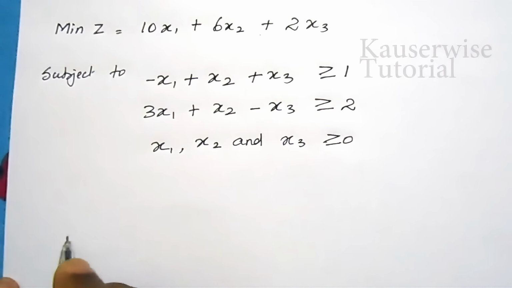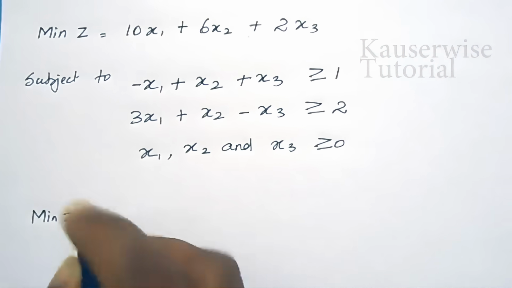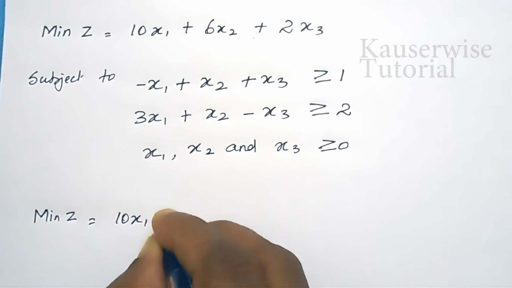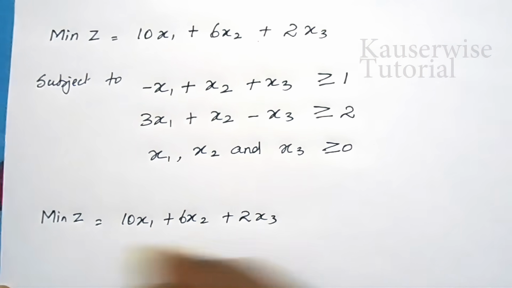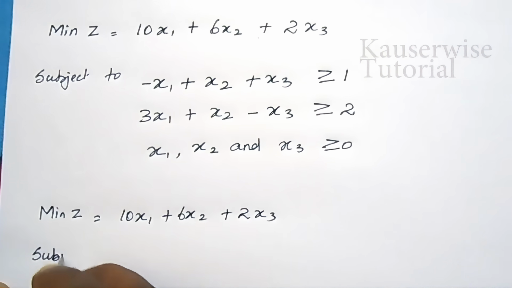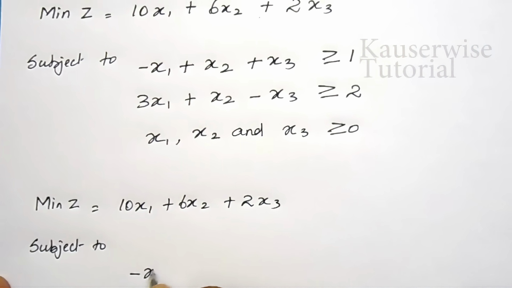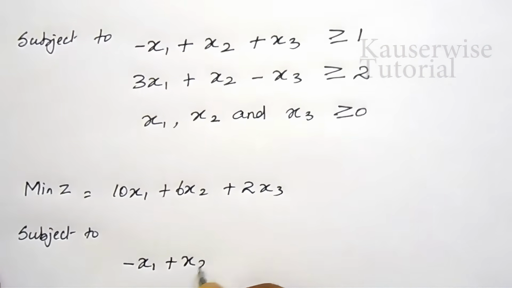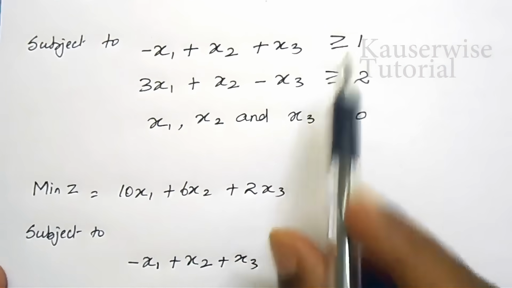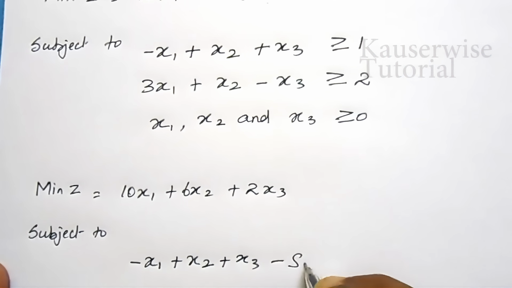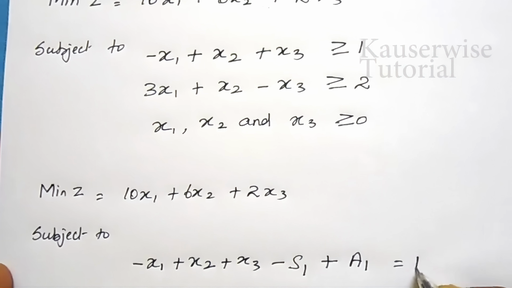First step, framing the canonical form. Minimization z is equal to 10x1 plus 6x2 plus 2x3, subject to the first constraint minus x1 plus x2 plus x3. Here we have got greater than or equal to, so subtract a slack variable and add an artificial variable, is equal to 1.